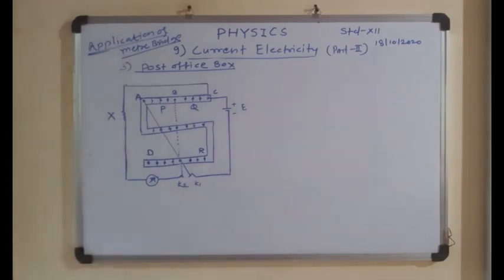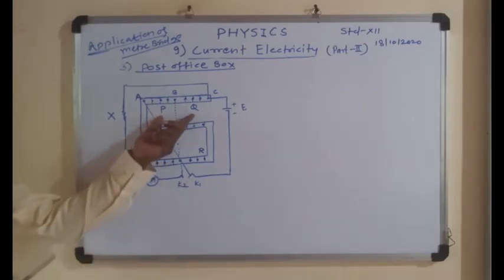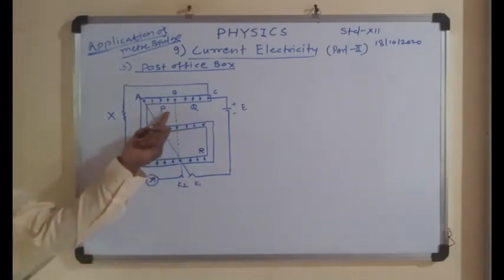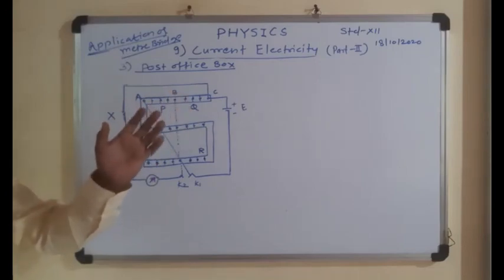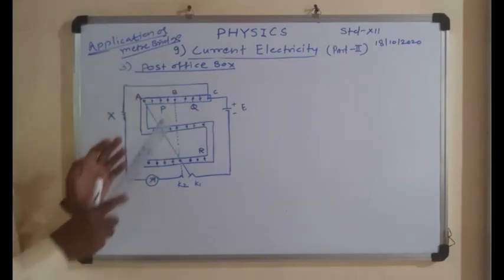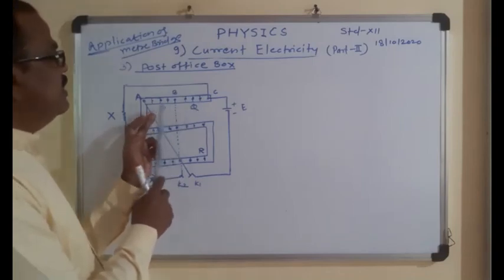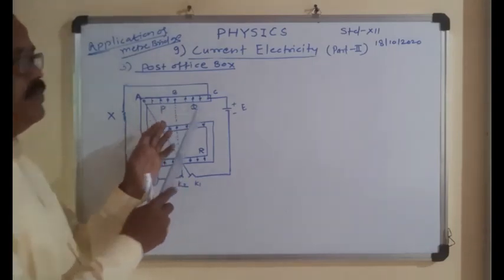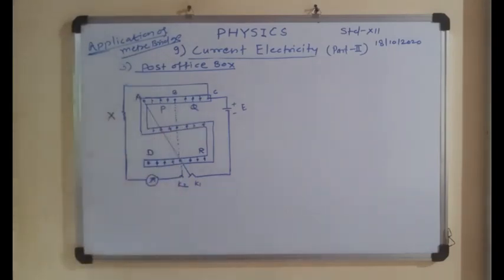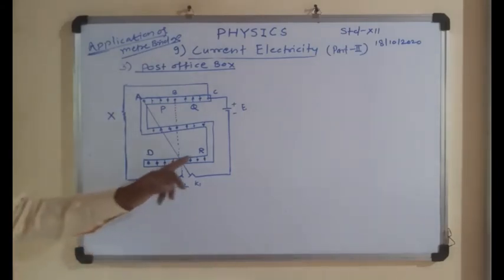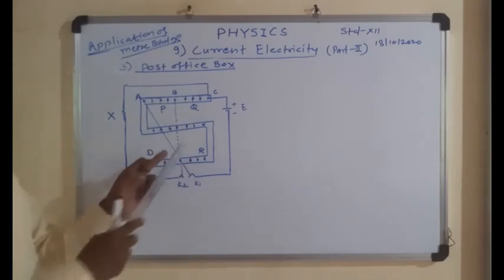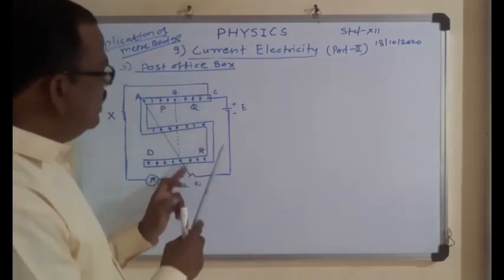Next, the resistances in the arms P and Q are adjusted in the desired ratio, and the resistance in the arm R is adjusted accordingly.